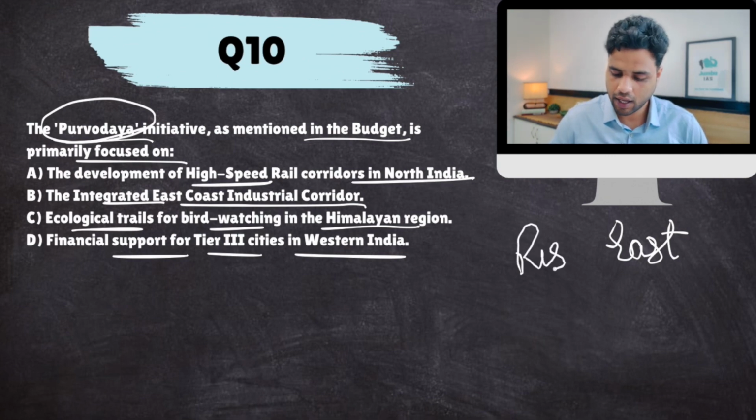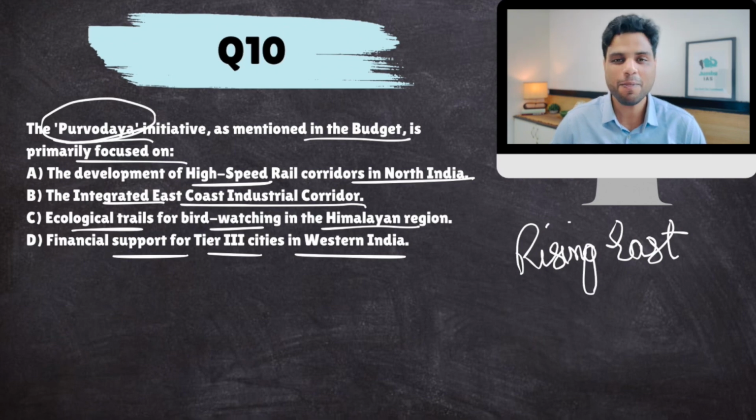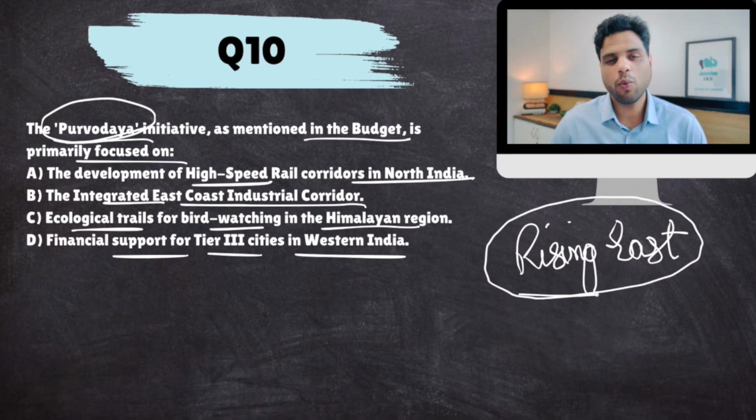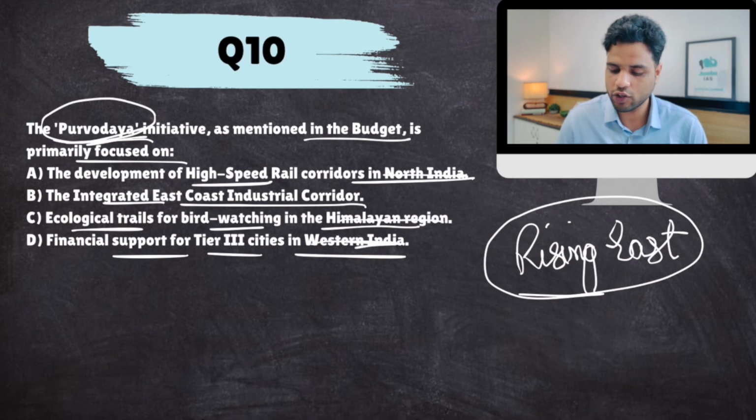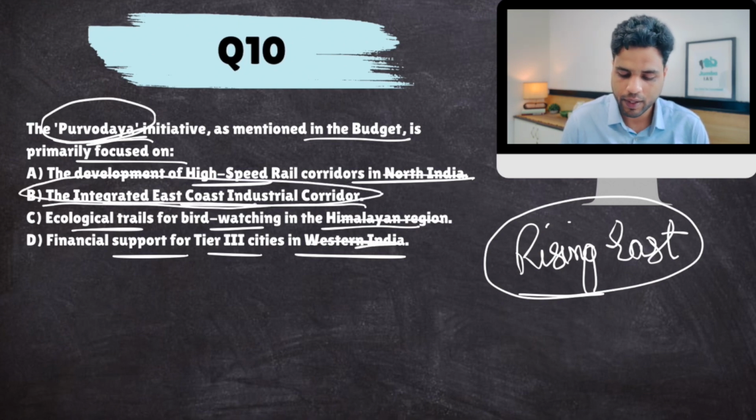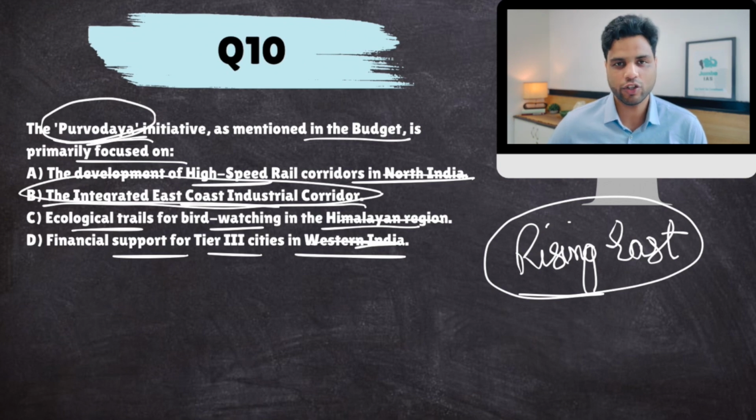So, rising east, a rough translation in English. If you know the meaning of this word, you would have been easily able to guess the answer. It won't be North India, it won't be Himalayas, it won't be Western region. Rising east would obviously mean integrated East Coast Industrial Corridor.